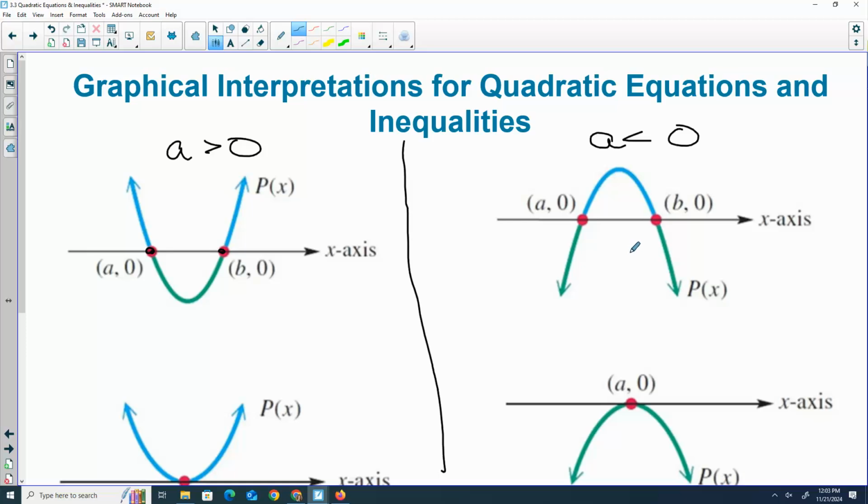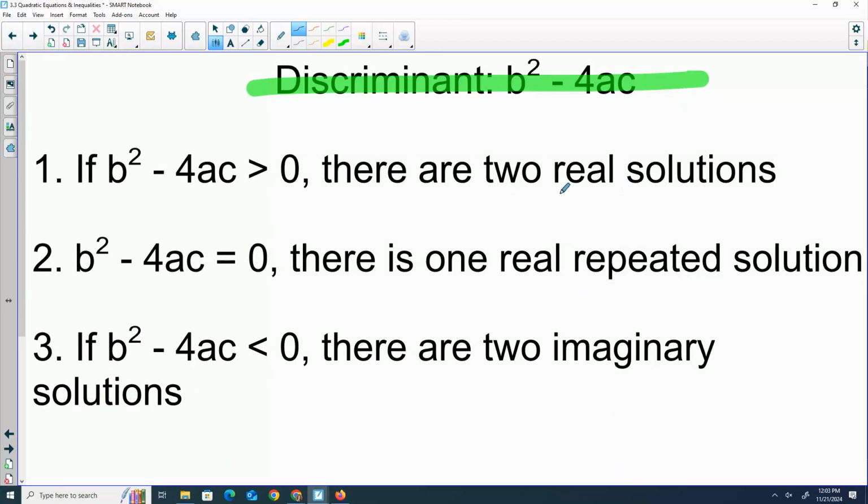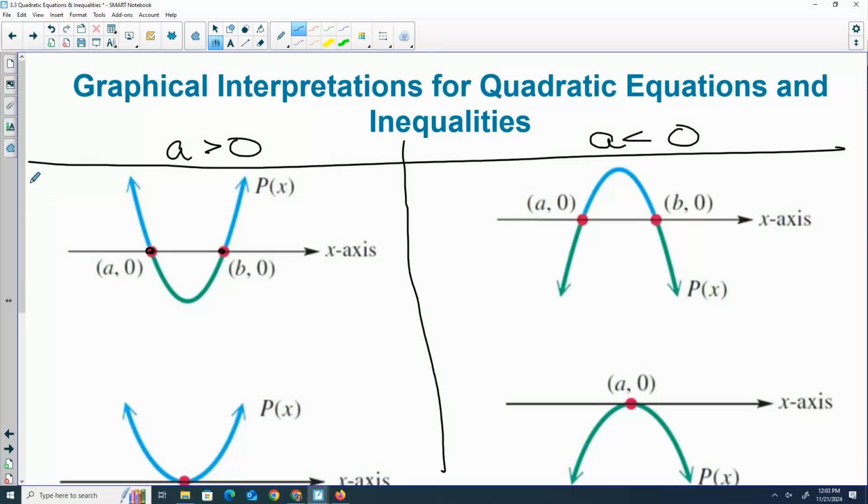That means it has two real solutions. So what's true about your discriminant if it has two real solutions? Not bad. If you have two real solutions, that means it was greater than 0. So we know a little bit without ever going through the process of solving these.